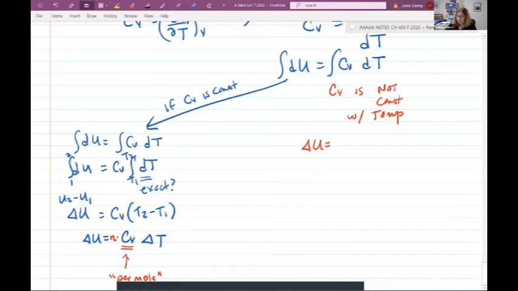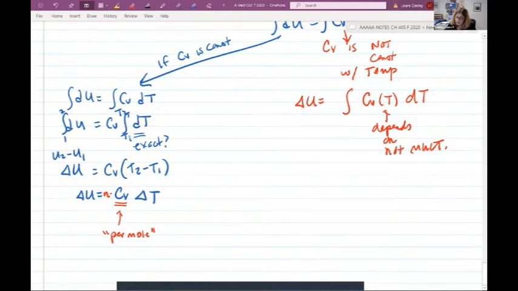You just have delta U would be the integral of CV of T dT, and this depends on T. It's not multiplication. Okay, so that's the other thing that can happen. And also, again, I'd have to put in a number of moles.